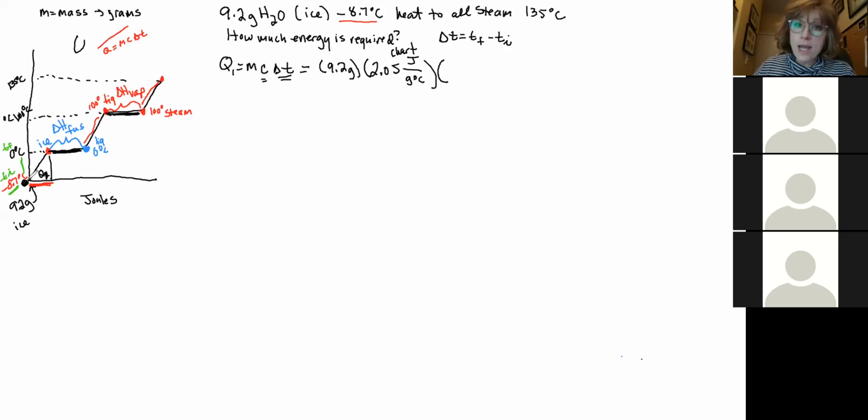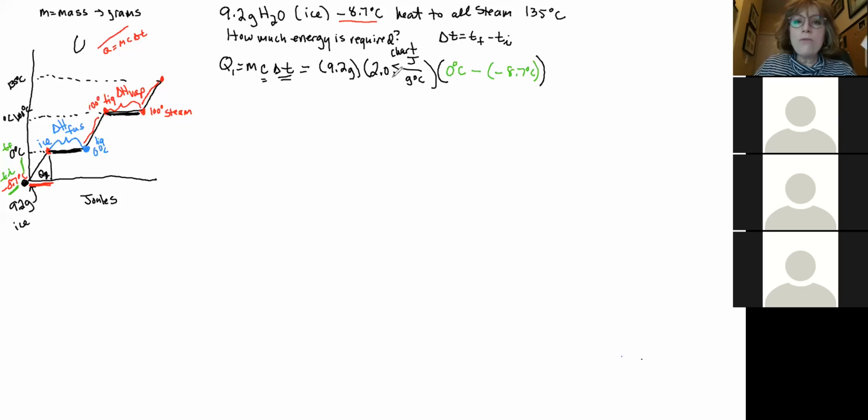So the final temperature and the initial temperature are for each step of the process. So for the first step of the process, the final temperature is 0 degrees Celsius, and the initial temperature is negative 8.7 degrees Celsius. You follow me, guys, on that? Yes, ma'am. And the 2.05, that's from ice, right?